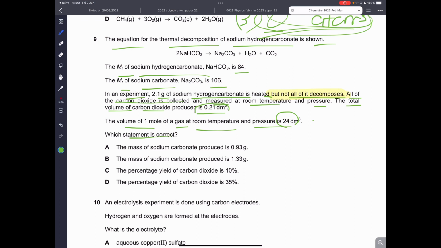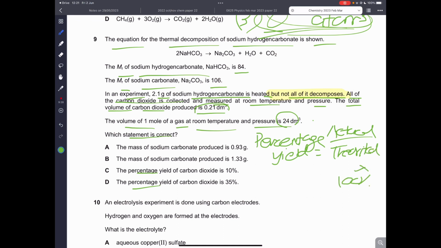Well, for this, we have to actually try to calculate a lot of things. The way I would like to do it is by using the percentage yield. So remember, percentage yield is the actual yield over theoretical yield times 100%. And therefore, we have to use this to calculate. Firstly, we have to calculate the mole of sodium hydrogen carbonate.